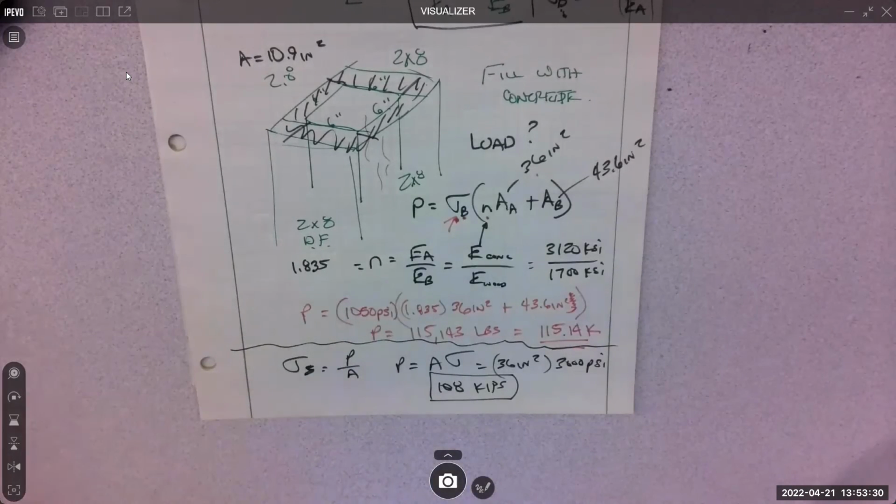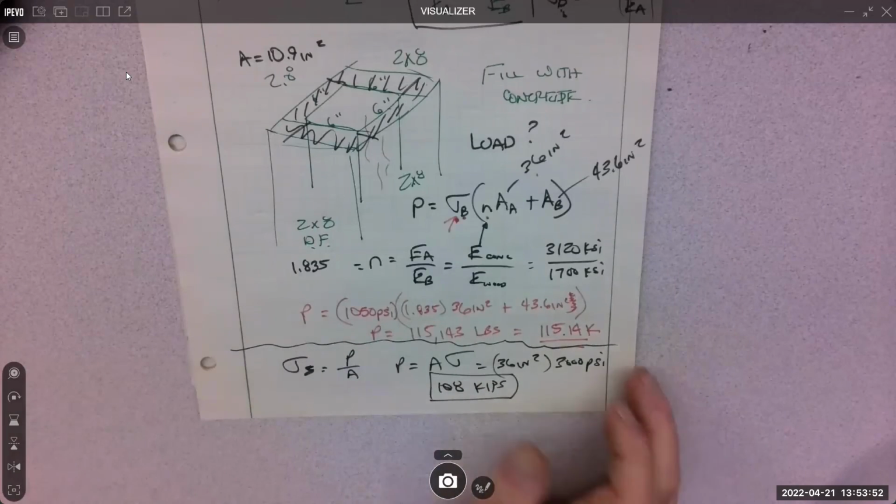Whichever one's bigger and stronger becomes material A. So you can always look them up. The only time it would be weird is if you had some kind of steel casing and then you fill it with another steel material. The two steels are kind of close. But you just look it up.